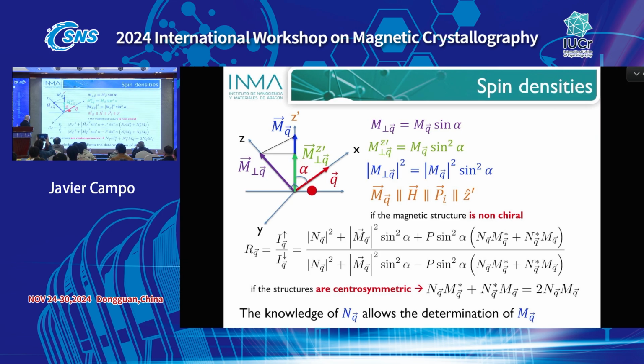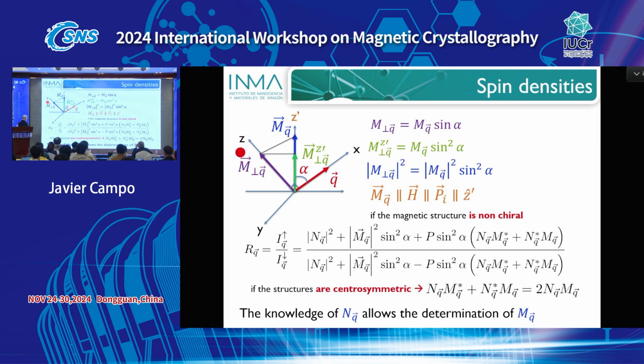Green part. Okay? Then if I apply a magnetic field along Z prime, the polarization is along Z prime, the magnetic moments, the magnetization in my sample will be parallel to Z prime, and the magnetic structure factor will be parallel to Z prime also. And then what is entering in the scattering is the magnetic interaction vector, which is the perpendicular component of the blue vector to the red one.